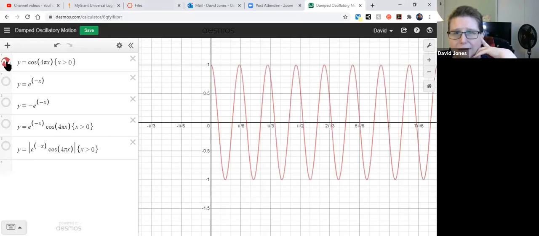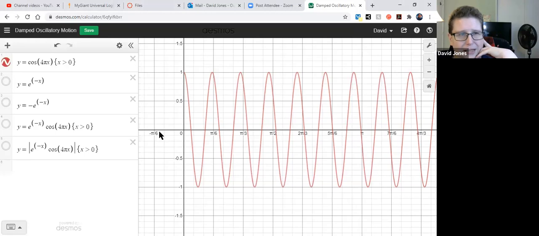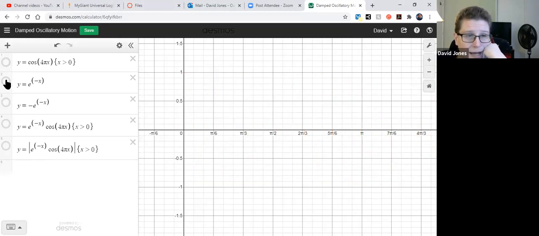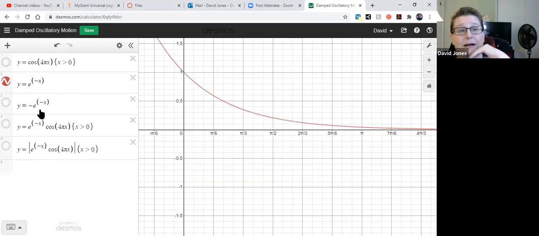This is our normal graph. There's nothing to the left because t starts at 0. You can't use t in Desmos, so it's x. That would be simple harmonic motion right there, but that's not what we have. So we're going to plot that right there.